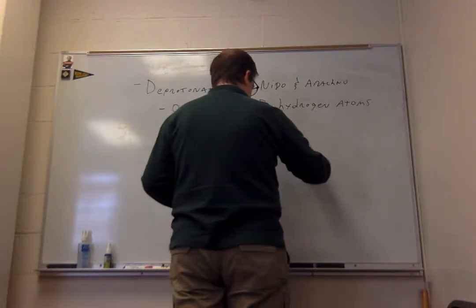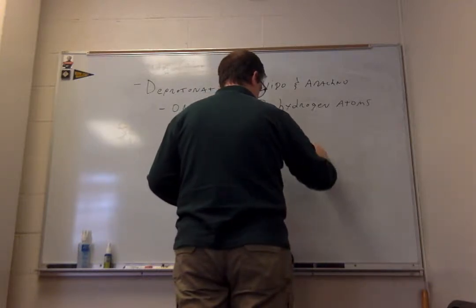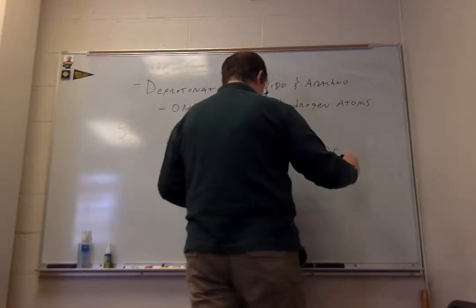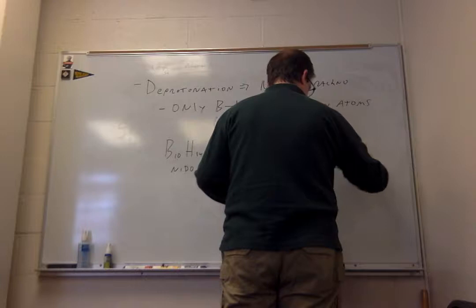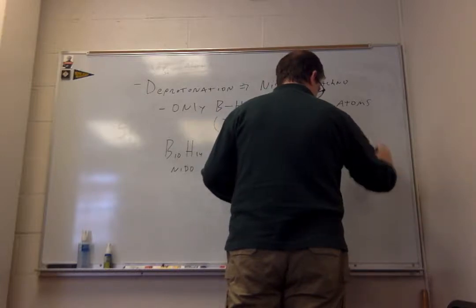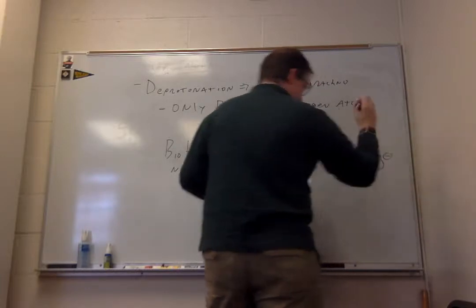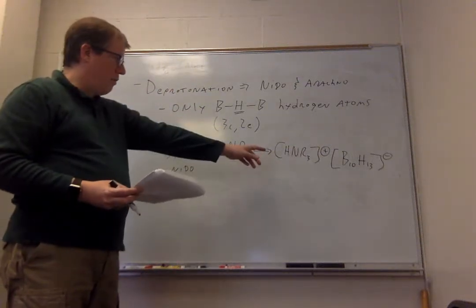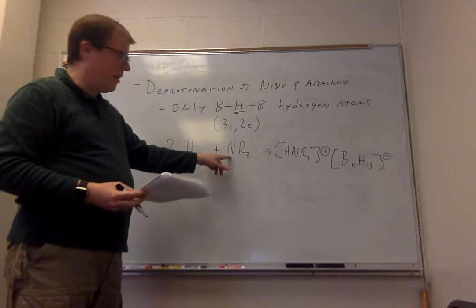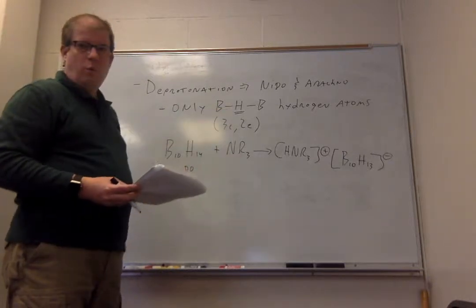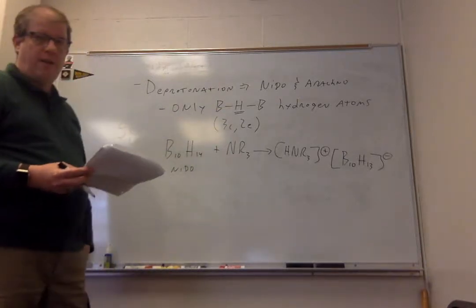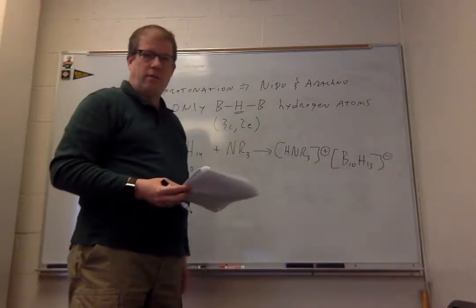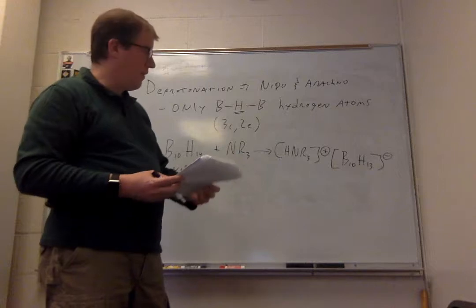What you get again is a salt. You generate an ammonium cation. So what this amine is doing is pulling off one of the bridging hydrogens, giving you the ammonium cation and collapsing the structure a little bit down to give you this anion.